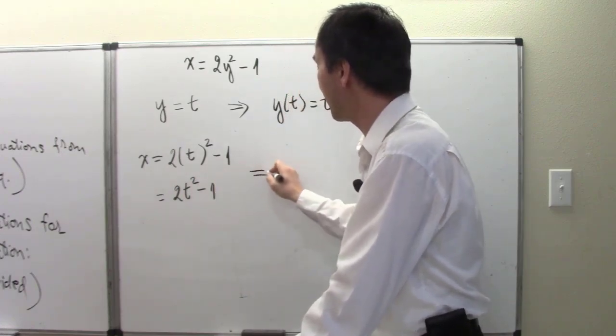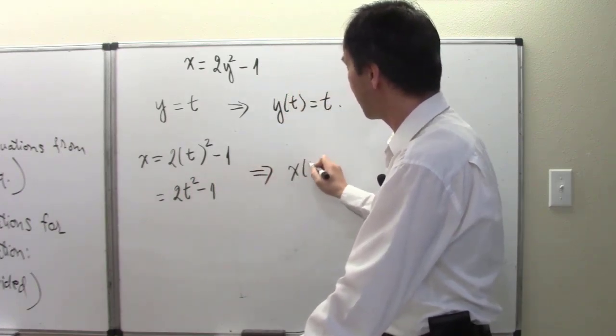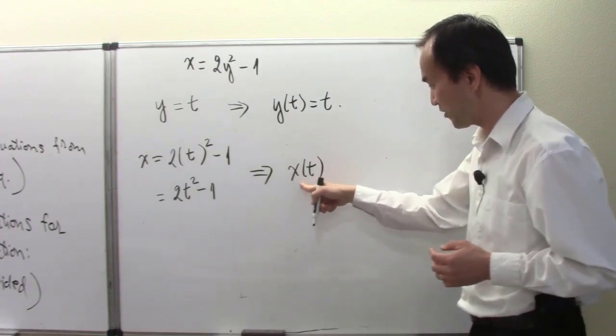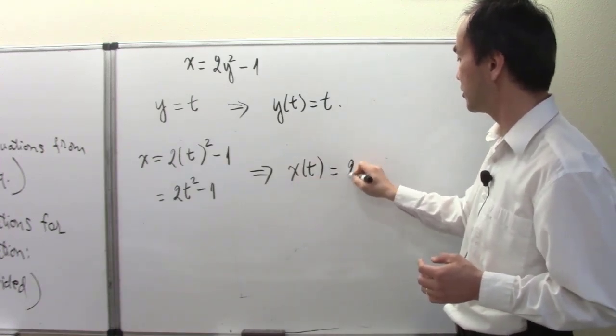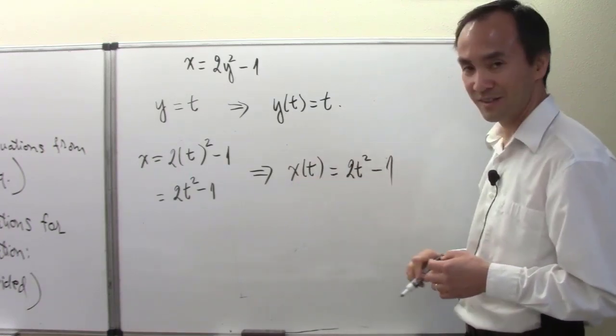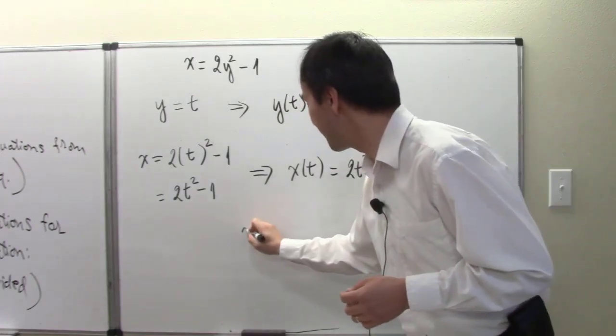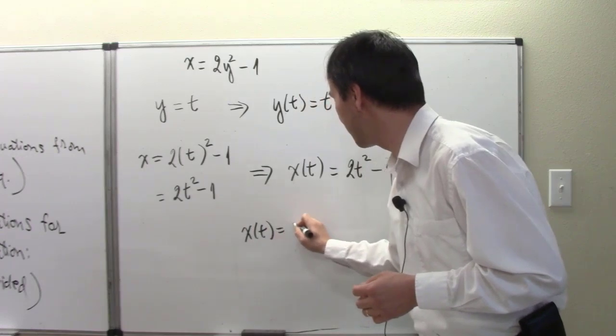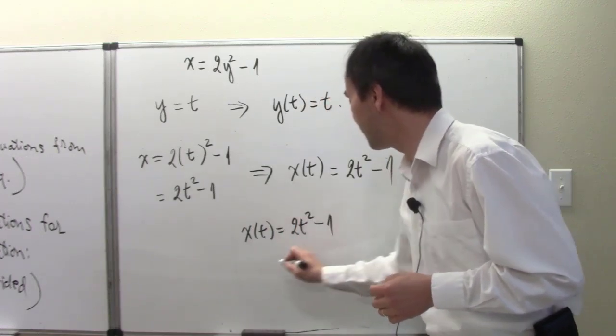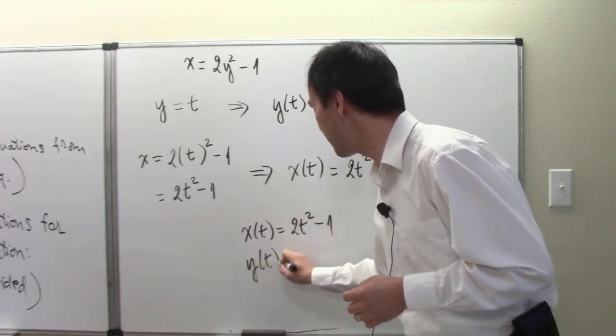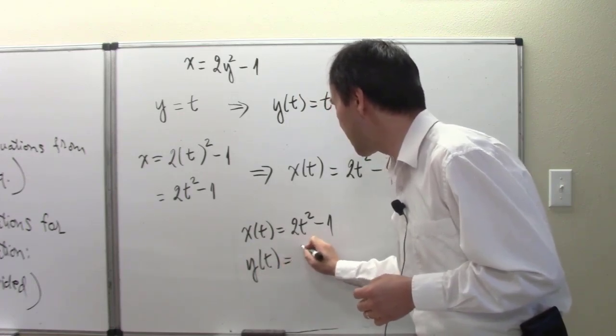So we come down to x of t can be written as a function of t being 2t squared minus 1. And so in that way, we have x of t equals 2t squared minus 1, and together with y of t equals t. Okay?